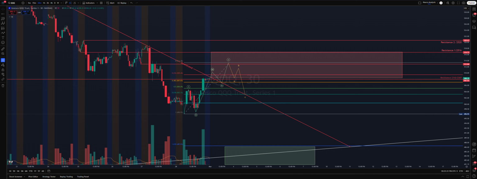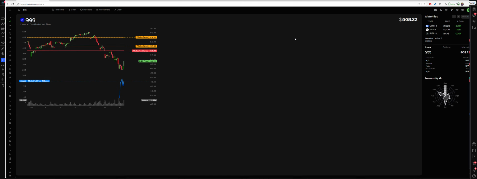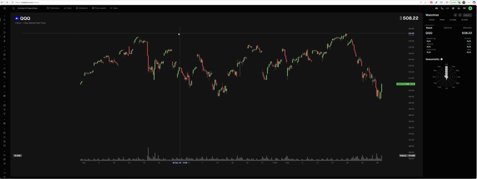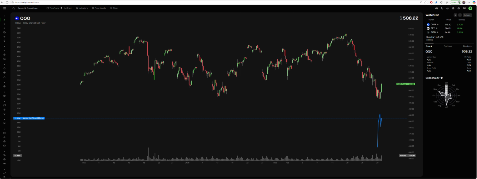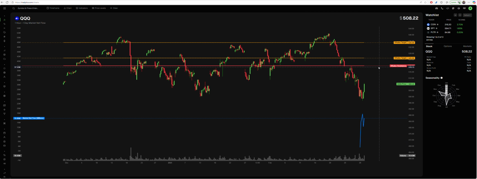So if we're looking at the price levels on QQQ, on TradeEthics, we have the whale targets. Right now, whales have resistance of 520. Currently, they don't have any support.